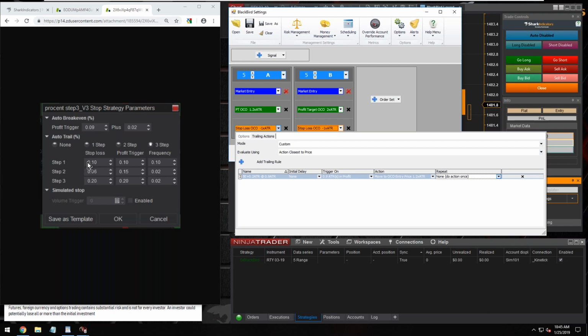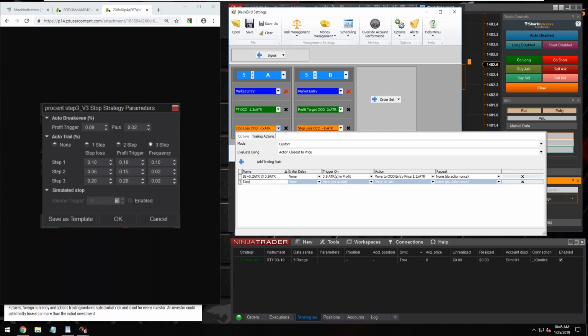All right, so let's break down each of these columns and see how they convert over to Blackbird. All right, so step 1 waits for a profit trigger of 1 ATR. All right, so let's add another trailing rule here.